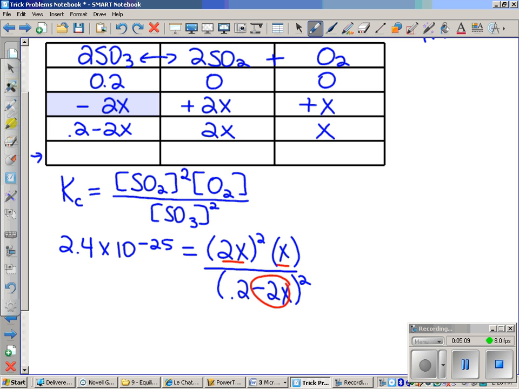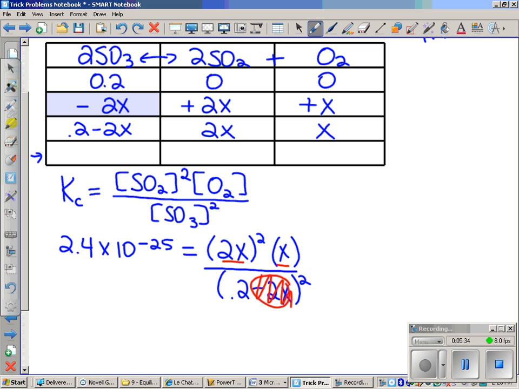These guys we have to leave alone because they're not being added or subtracted from anything. But anywhere you have an x being added or subtracted from another number, and it can be 2x, it can be 3x, it can be 4x, and it can be plus or it can be minus, it doesn't matter. Anywhere you have any type of x being added or subtracted, you are going to cross it off, and you are going to ignore it. Now, let me tell you why.